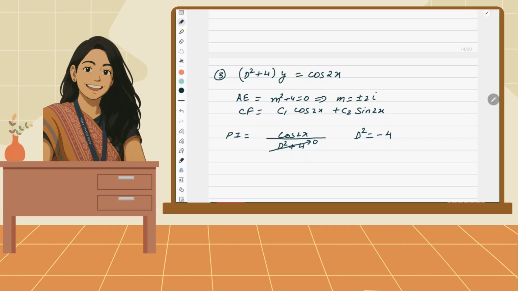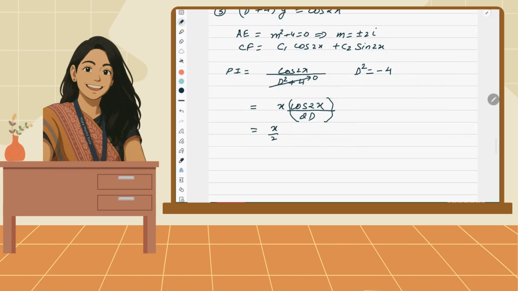So what I told you for such cases is that you have to multiply the numerator by x and differentiate the denominator, so 2D. Here you remember, x is the additional thing you are putting. It is not with the operator in the denominator. So this D is only with cos 2x, right? So x by 2 and cos 2x upon D.